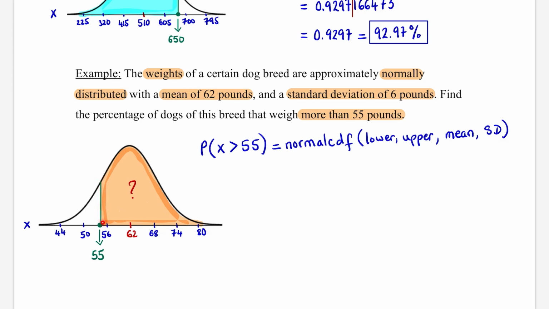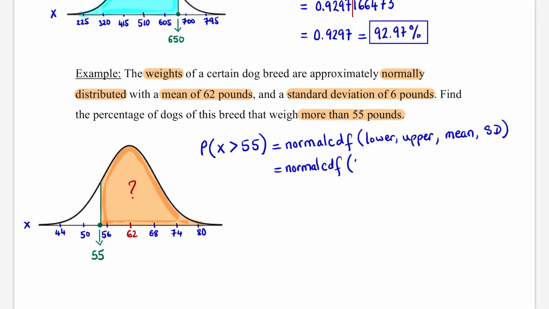The left boundary is my lower bound, which is 55. My right boundary is not 80. It will keep going forever on the right side. So in this case, I'll just pick a very big number, like 1,000 or 10,000. Make sure that the number is big compared to the data values.